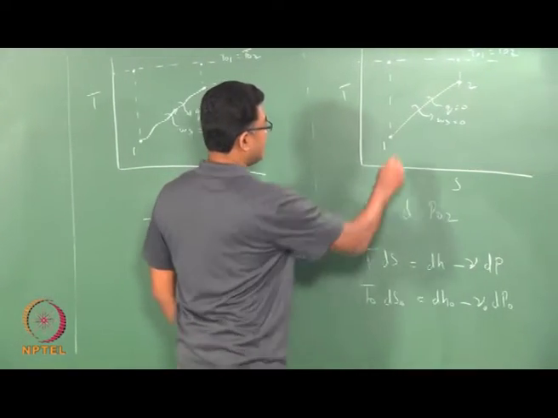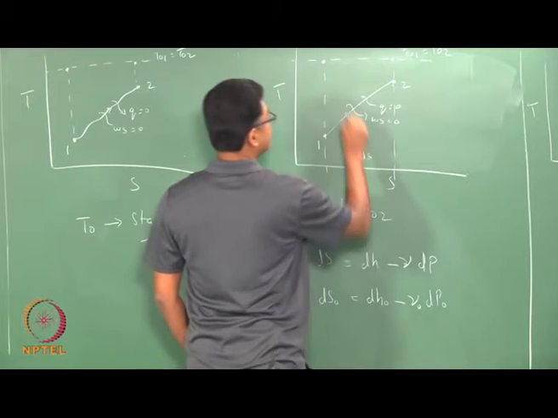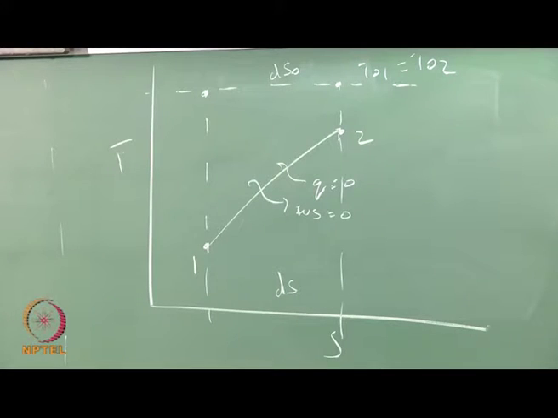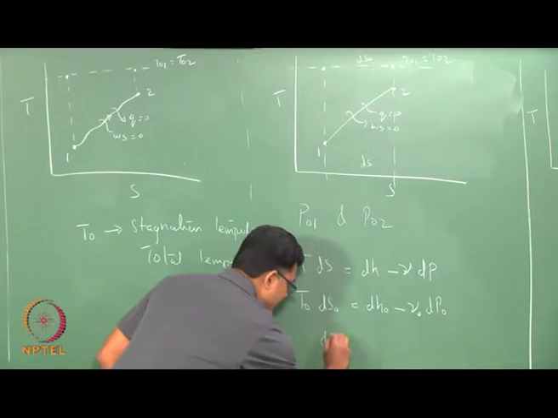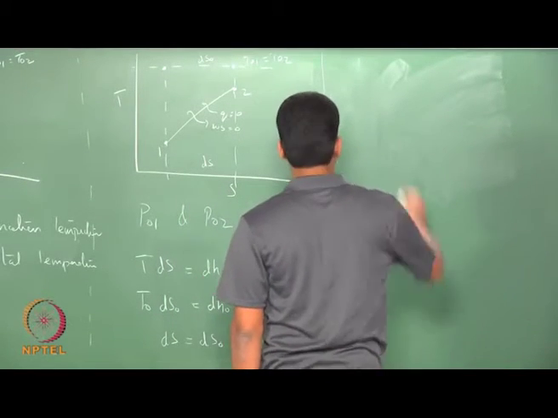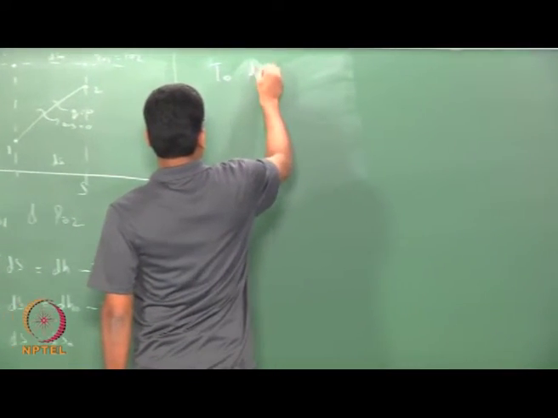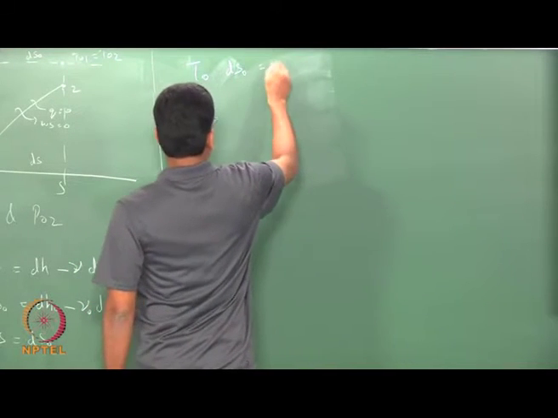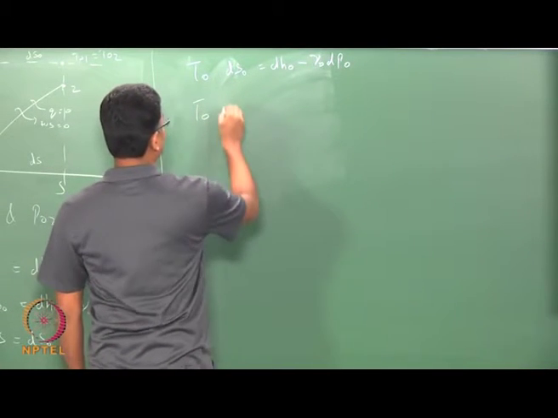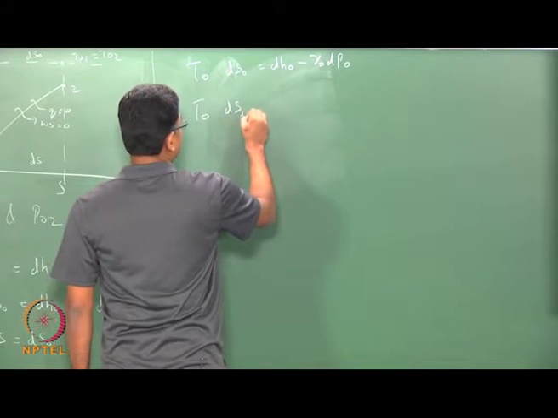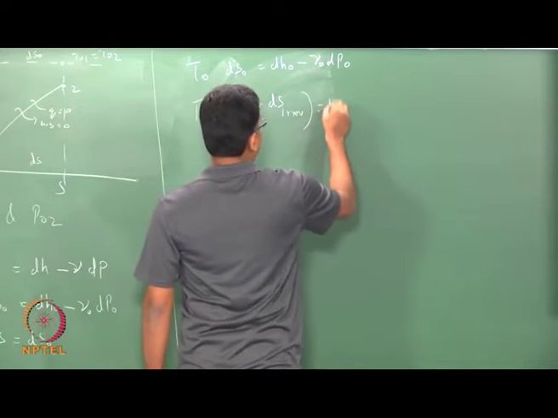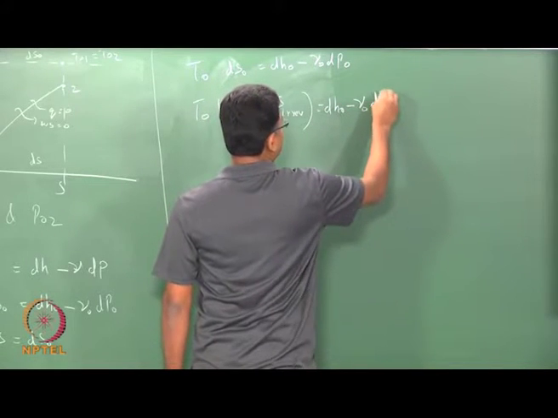Now, the ds associated with this is same as the ds associated with these 2 points, from the picture, from the graph. So my ds is same as ds0. T ds0 equals dH0 minus V0 dP0. Like before, I split my ds into ds reversible plus ds irreversible equals dH0 minus V0 dP0.